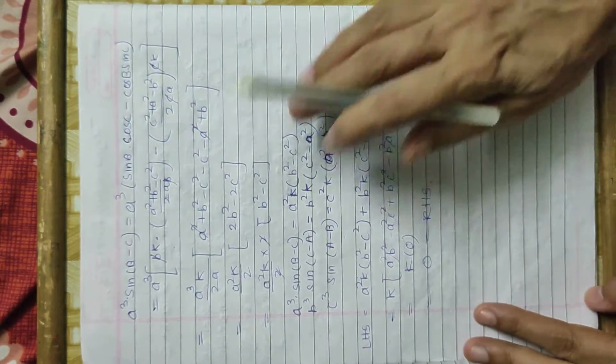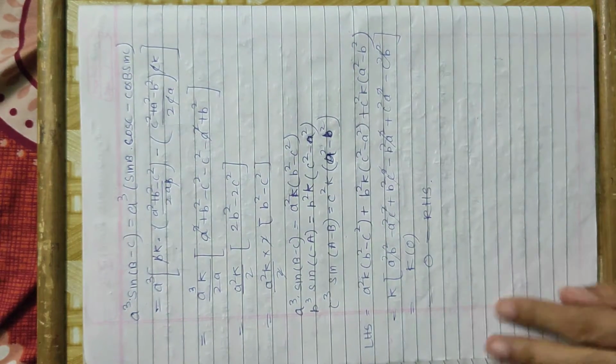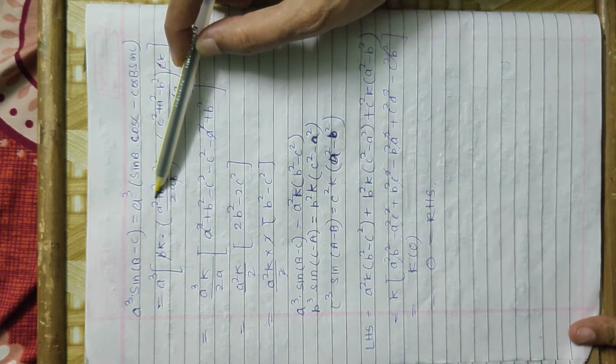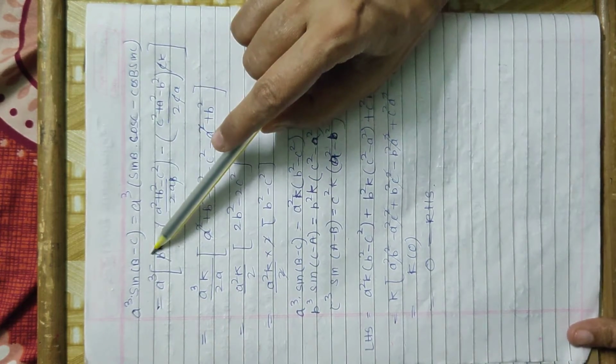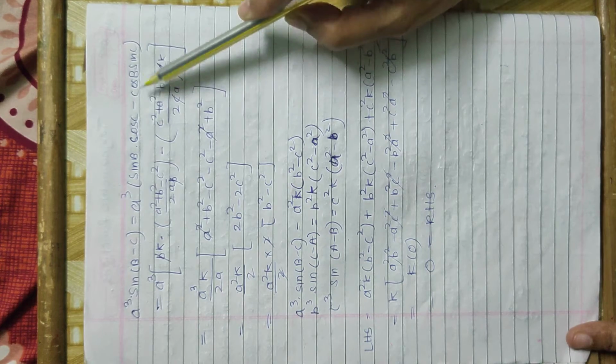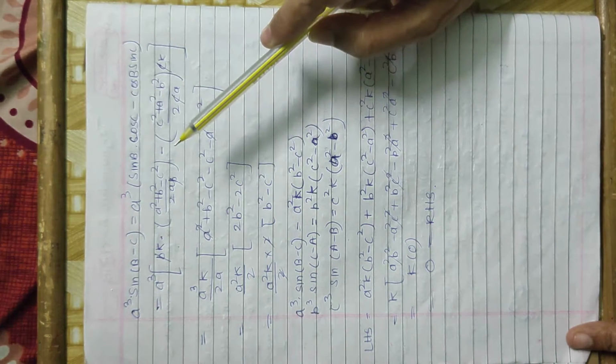Now write down a cube into sin(b minus c). Now a cube as it is, and the formula for sin(b minus c) is sin b cos c minus cos b sin c. We have written it first.